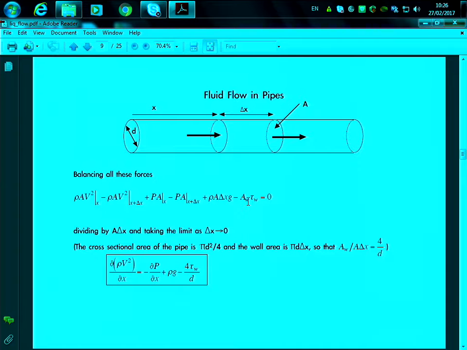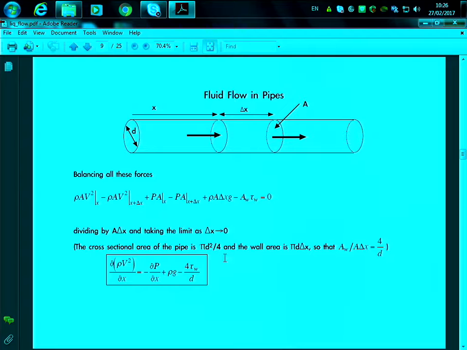The cross-sectional area will be that of a circle, and the other one will be more that of a cylinder wall. So the area of the wall can be expressed over the diameter. We are just substituting these values into the big equation to express it by the diameter instead of the area of the wall.